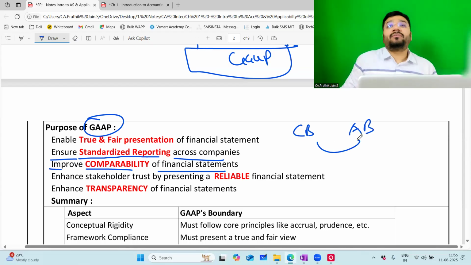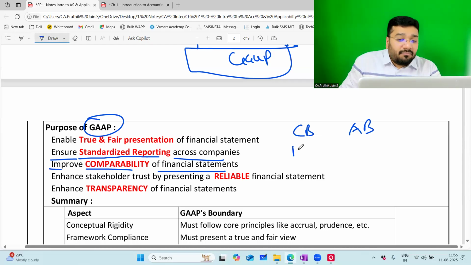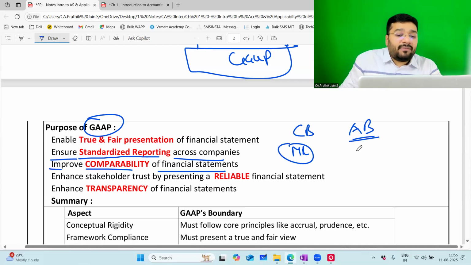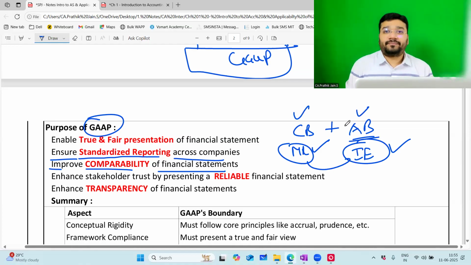Can I compare both? Not possible. Cash basis means what? Record transaction when money is received. Money received, I recorded. And here I recorded when the income is earned. Does it match? Receiving money is a different aspect. Earning income is a different aspect. So therefore, if you want to compare your own financial statement with that of previous year, you have to ensure that the accounting policies and principles that you followed in the previous year versus current year are the same.